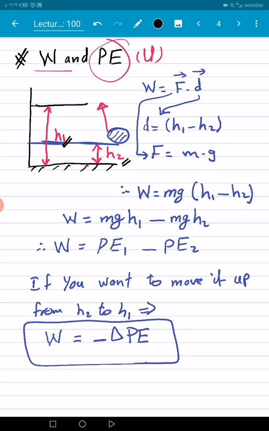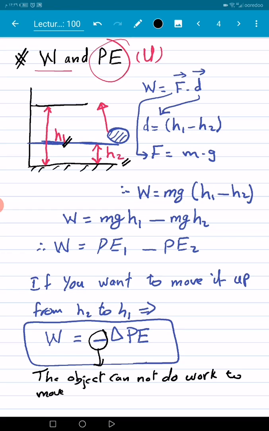So that means the minus here means the object cannot do work to move alone, so you must apply work on it to move.